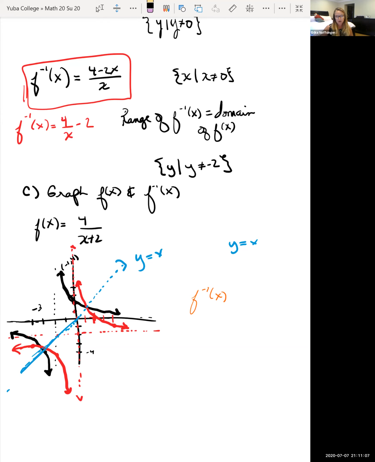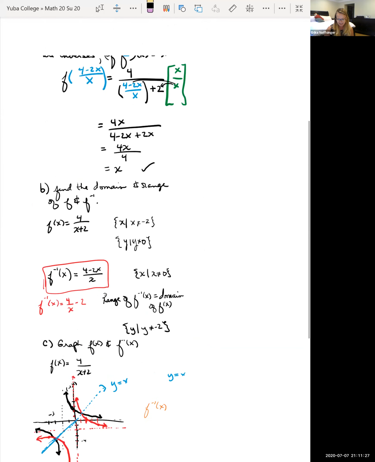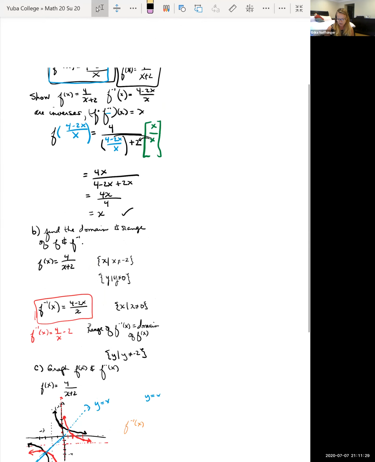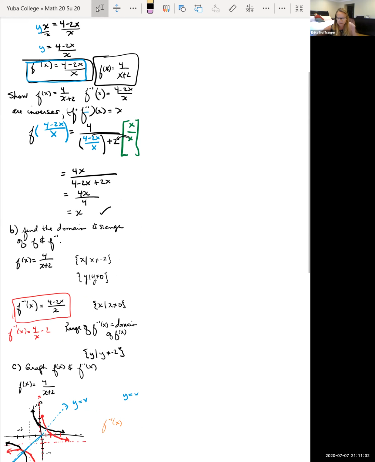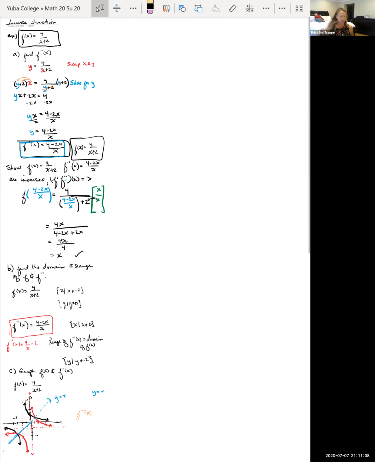If you look though at our red graph, notice our domain is everything except for x equals 0. And our range, we're hitting all y values except for -2, which was the swap of what we had before. So kind of putting everything together. And it was kind of cool because it put together a lot of different sections that we had talked about in this course. I don't know if you can see that.